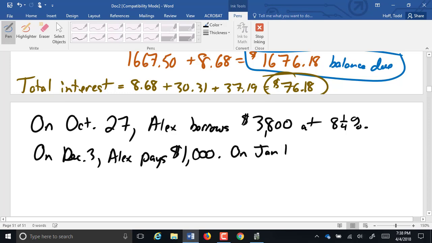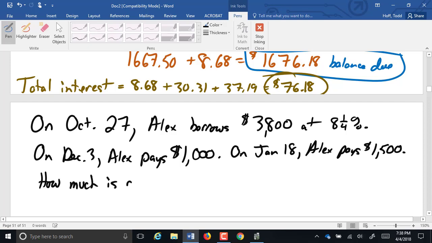On January 18th, Alex pays $1,500. How much is due on February 16th?